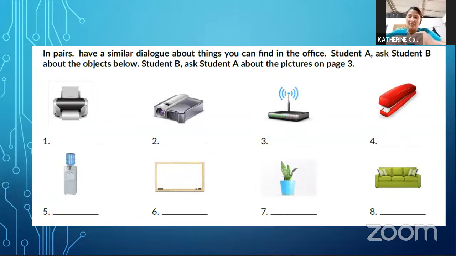How do you say sofa in English? Okay. Sofa. Okay, sofa. How did you spell it? C-O-U-C-H.